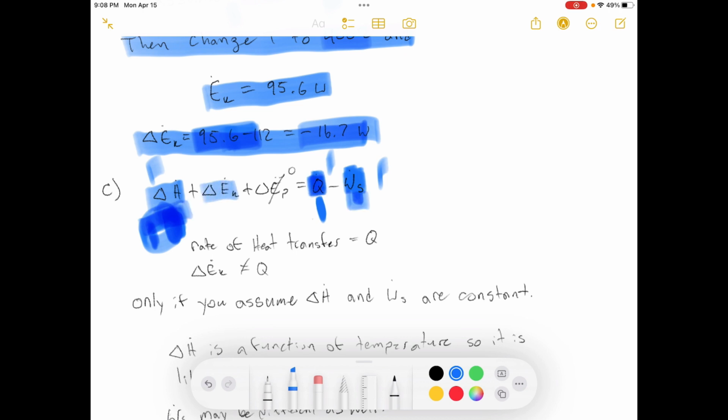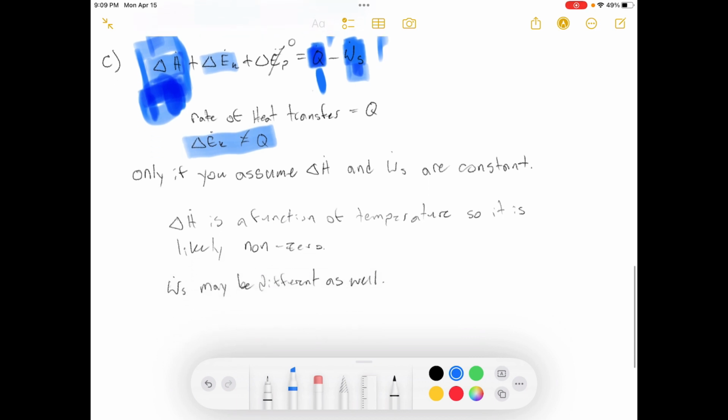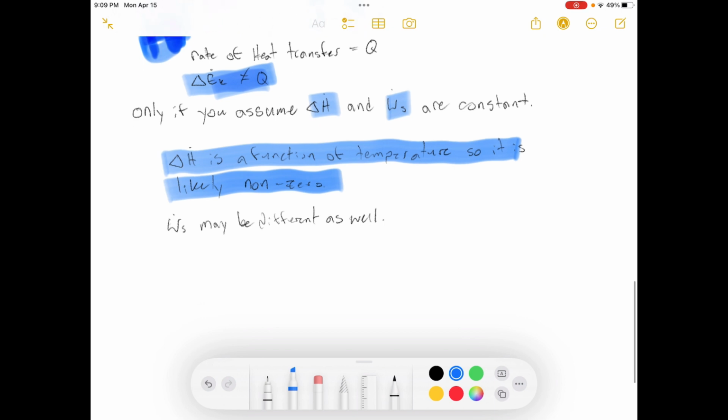Well, there's a few other factors here, and we know for sure that this one is non-zero. So these things are not necessarily equal to each other. If you assume that these are constant, then you could say that these are equal to each other. H is a function of temperature, so it's likely non-zero.